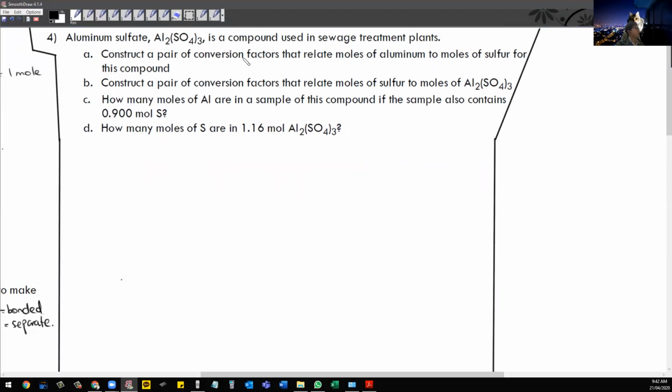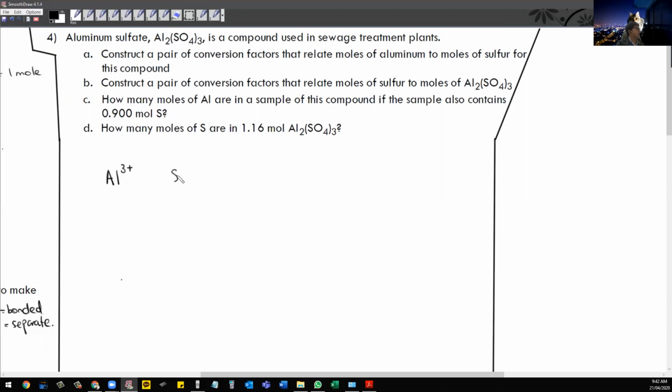Construct a pair of conversion factors that relate moles of aluminium to moles of sulfur for this compound. The correct way of writing this is, you know that aluminium, when it becomes an ion, becomes Al3+.